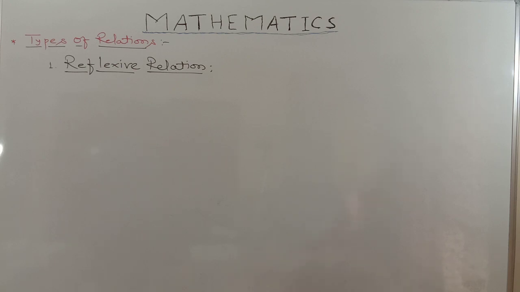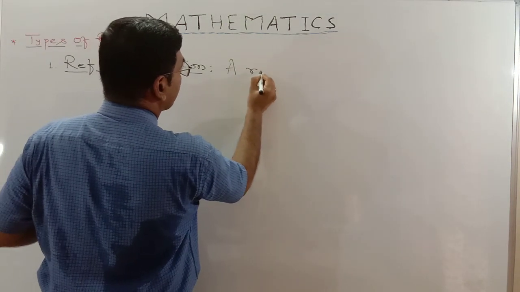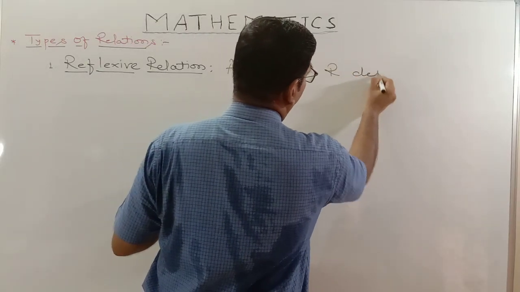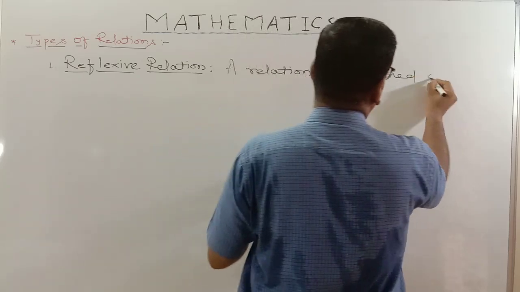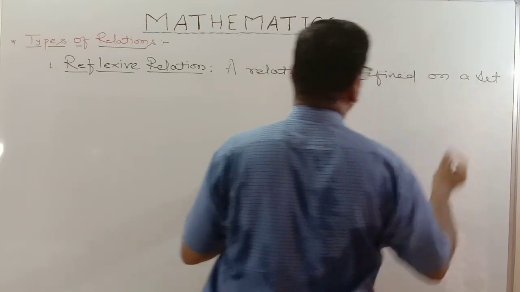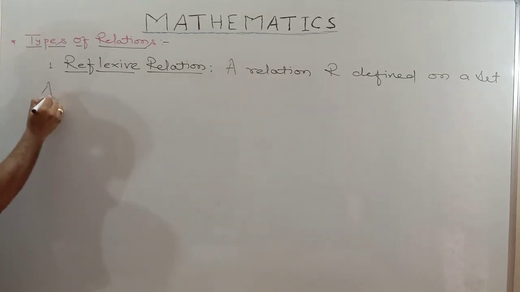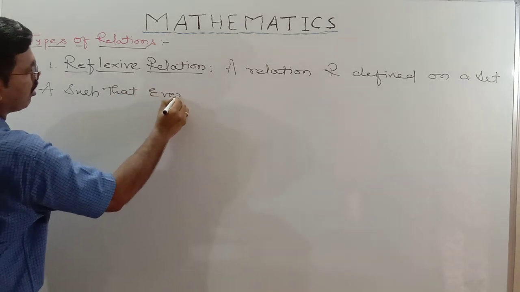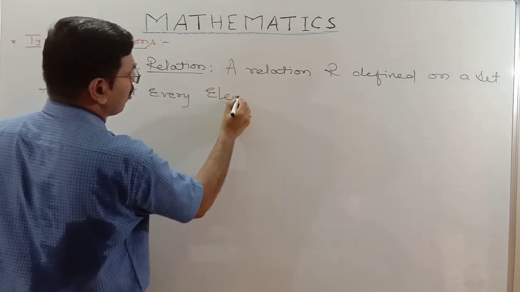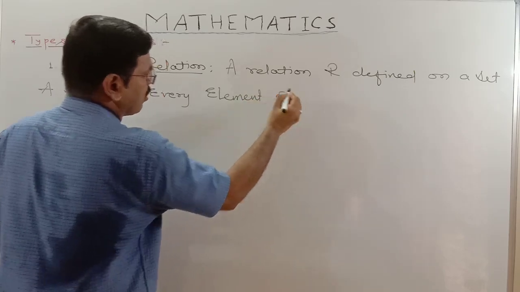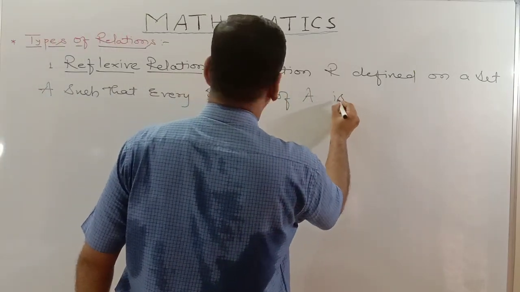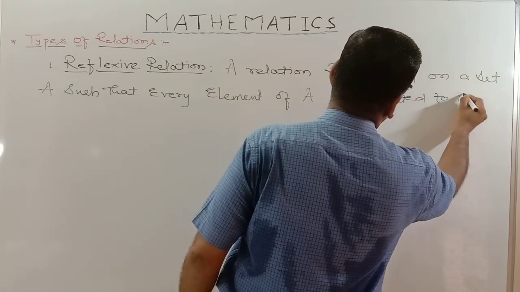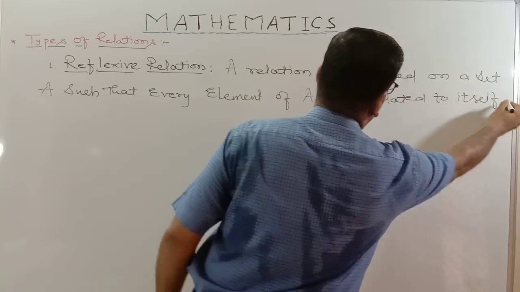A relation R defined on a set A such that every element of A is related to itself.